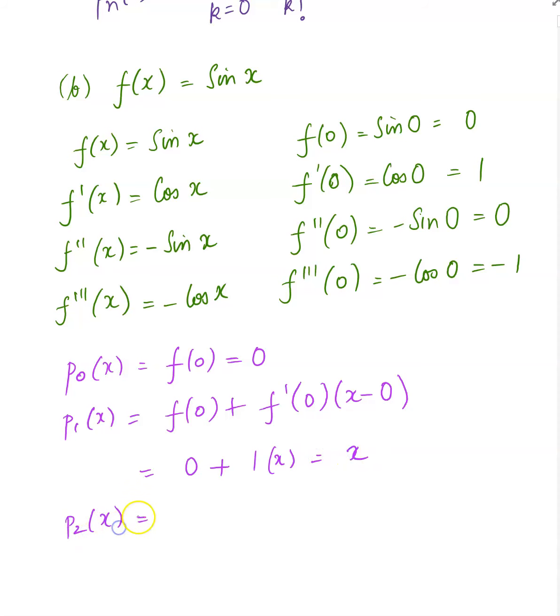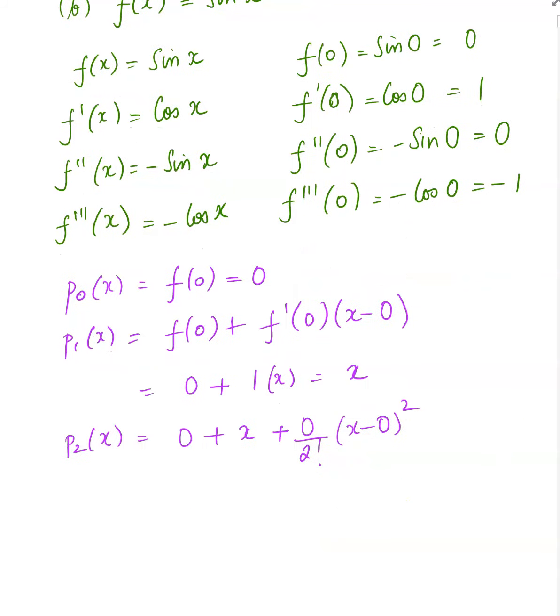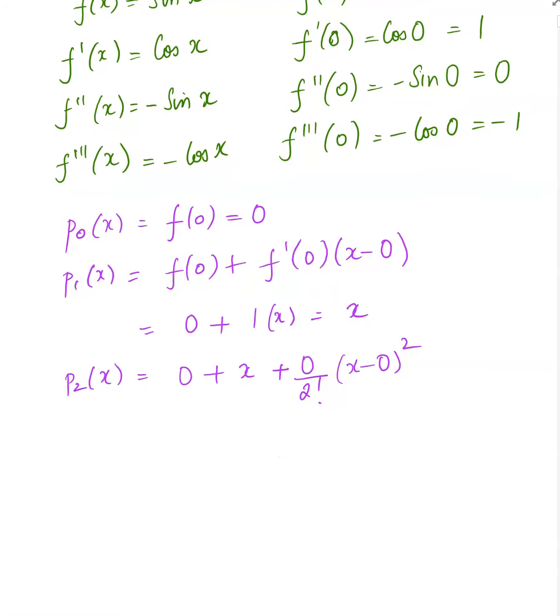P2 of x, 0 plus x plus 0 over 2 factorial times x minus 0 squared. Okay, I'm skipping the general form and I'm directly plugging it in. So if you want to, you can pause the video, do it in an expanded form, and then check back here.